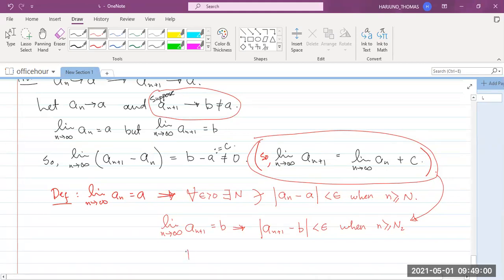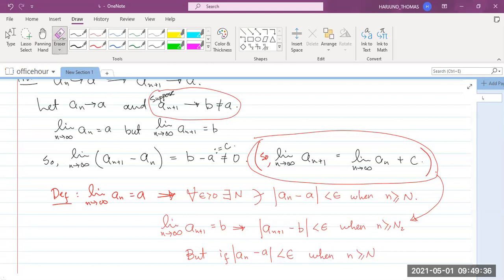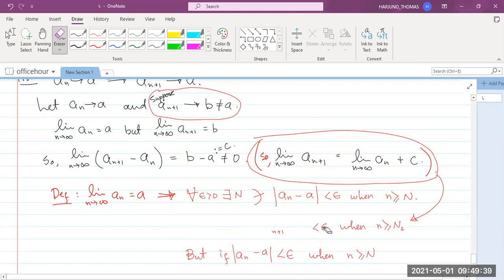But at the same time, a sub n plus 1 is the term coming after a sub n. If the difference between a sub n and A is less than epsilon when n is greater than or equal to N, I try to get to the conclusion as fast as I can, but I guess I need to be more patient.